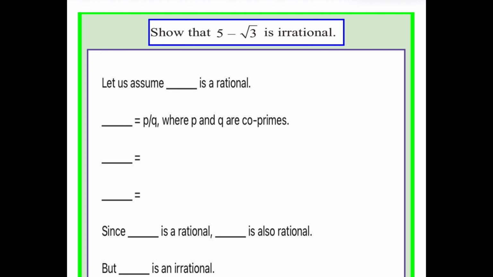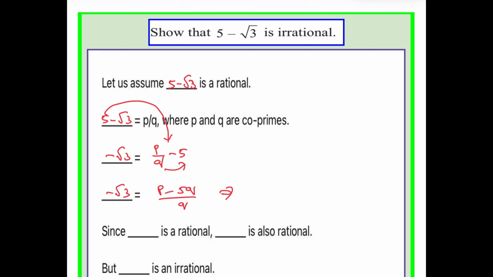Show that 5 minus root 3 is irrational. Let us assume 5 minus root 3 is a rational number. Then 5 minus root 3 equals p by q. Minus root 3 equals p by q, minus 5. If you transpose that side, it becomes minus 5. Then minus root 3 equals p minus, if you take the LCM, 5 into q, 5q divided by q.